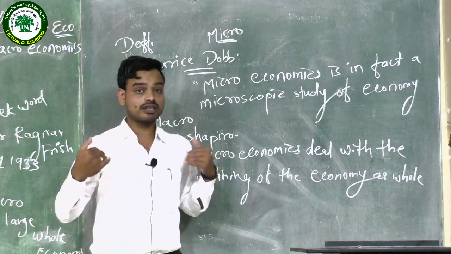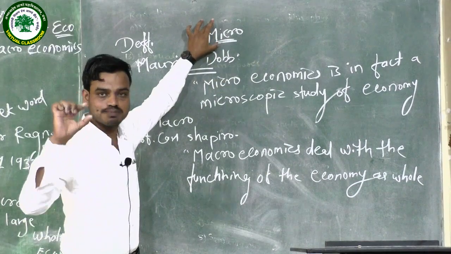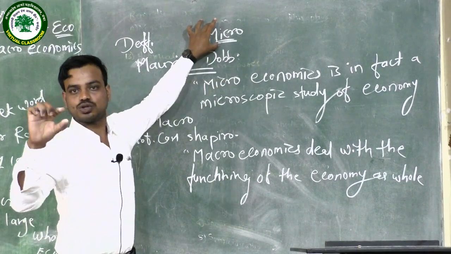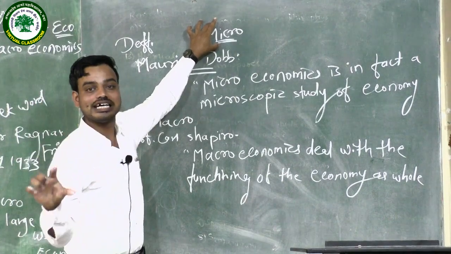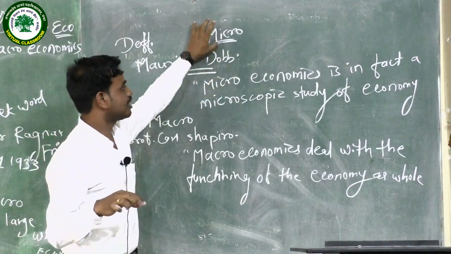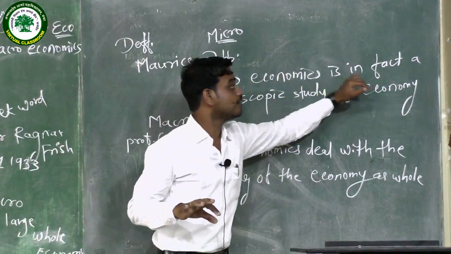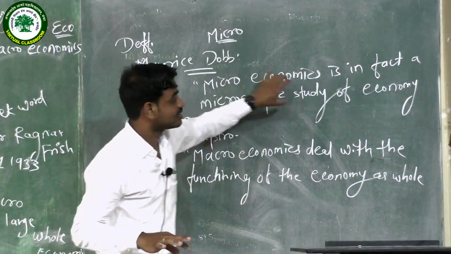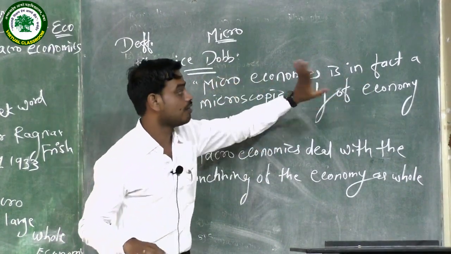Micro means small. If we study the small unit of individual, all that content is involved in microeconomics. So that's why microeconomics is in fact a microscopic study of economics. Don't forget that point.